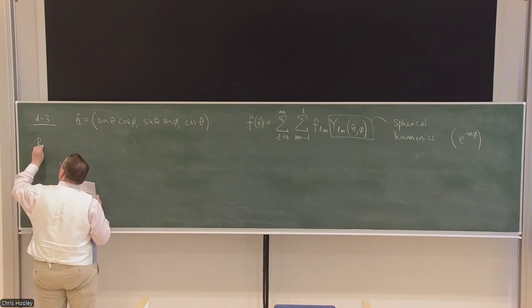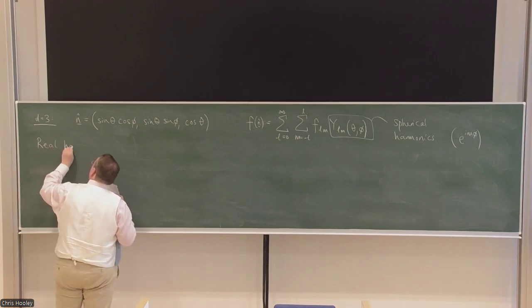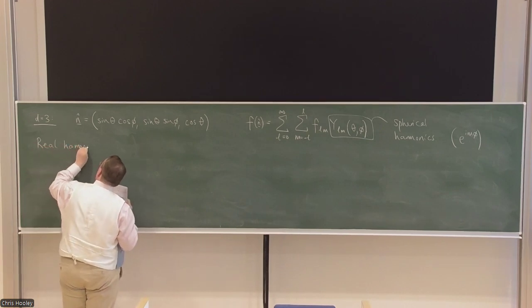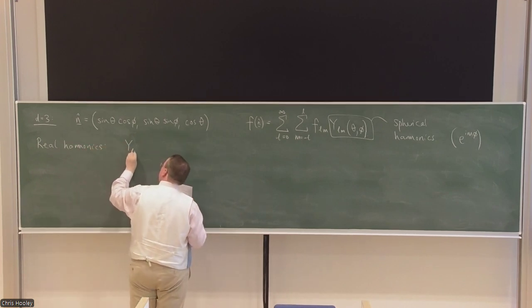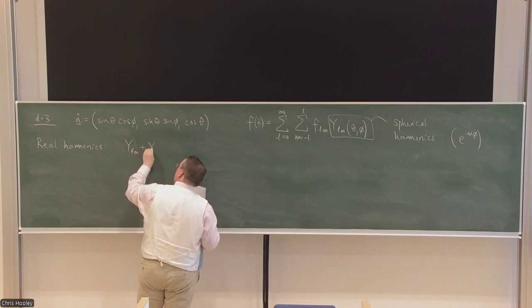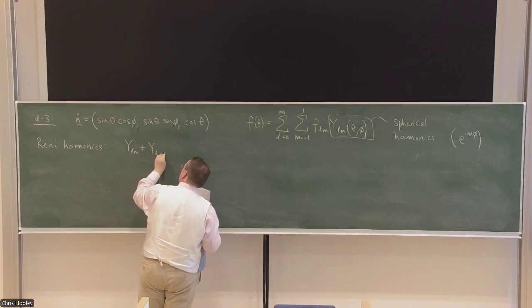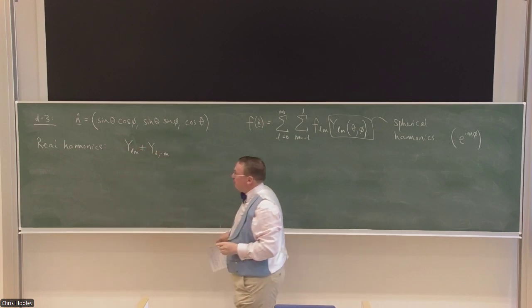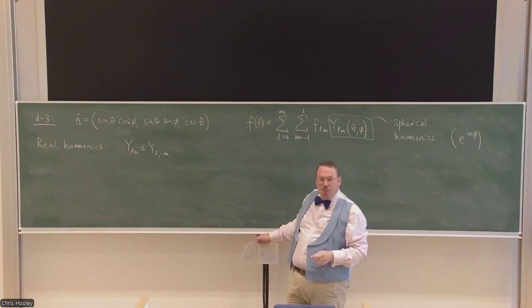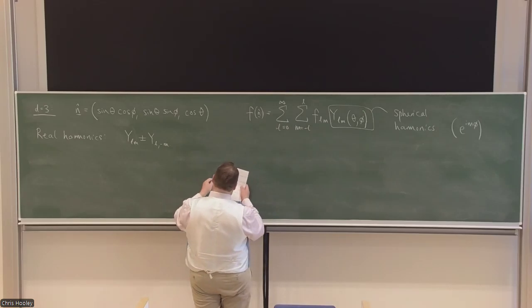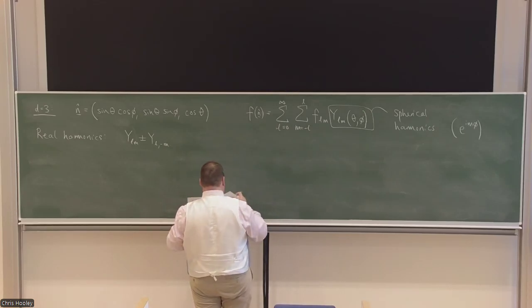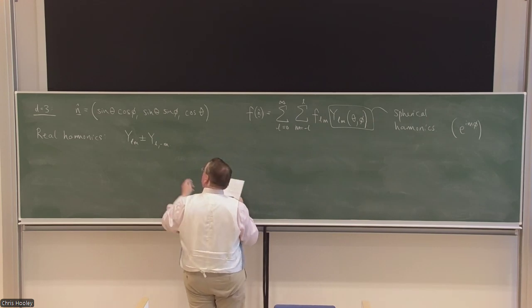So the real harmonics are made by just taking the sum or difference of the two oppositely circulating harmonics with the same modulus of m. And so, as an example, we might look at l equals 2.